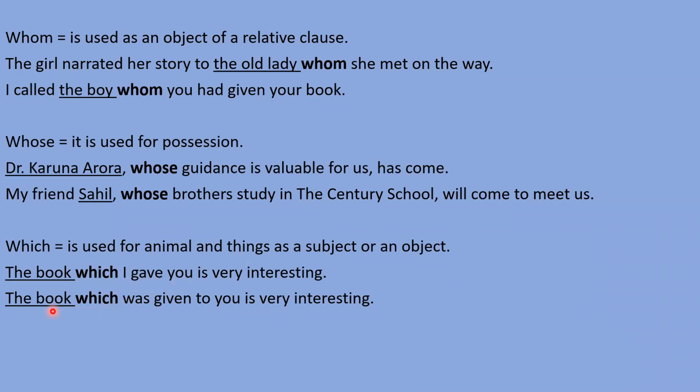But see here, the book which was given. So was is the verb and which is the subject of this, right? So which word can be used as a subject of the verb and as an object of the verb? Okay, in the first sentence that has been used as an object of the sentence, in this as a subject has been used.